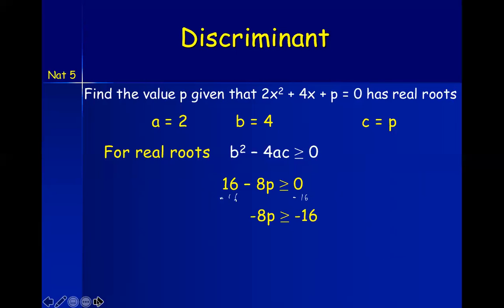Because they're happy to work with negative values. The next stage, because we're going to divide by negative 8, when you divide by a negative number in an inequation, you need to flip the sign.